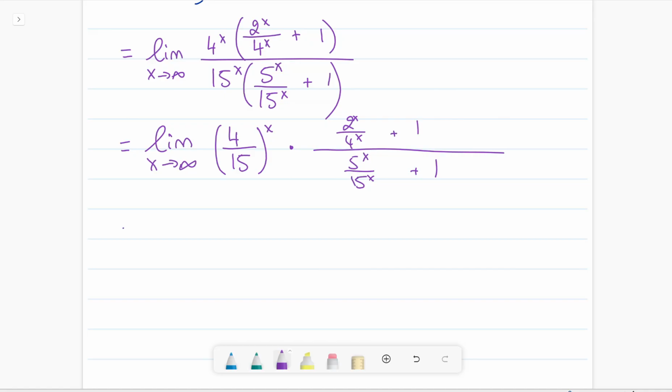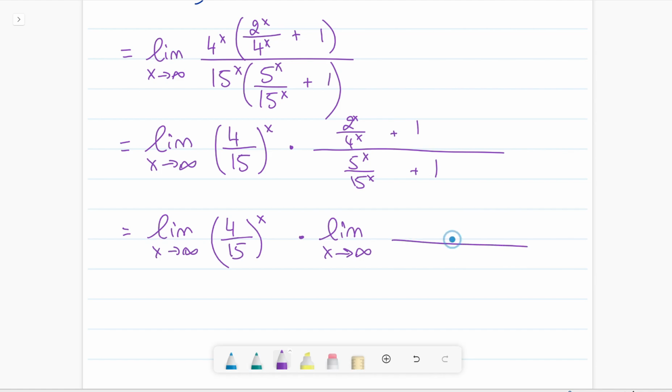And now we can separate the limits using limit laws. So we get the limit as x approaches infinity of 4 divided by 15 all to the x times the limit as x approaches infinity. Now in here, look what we can do.